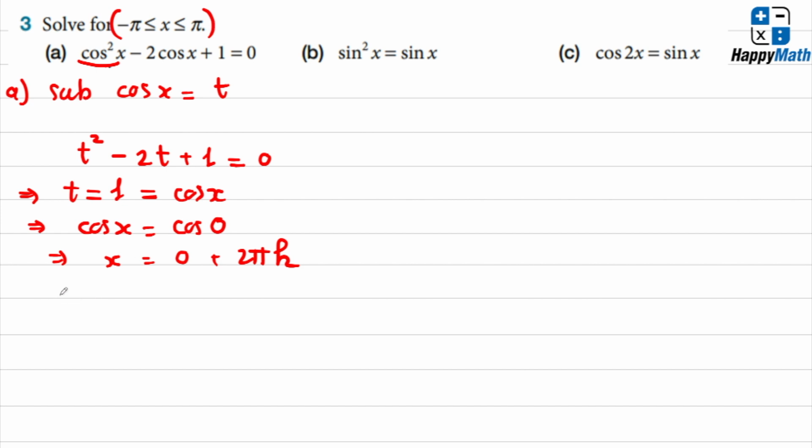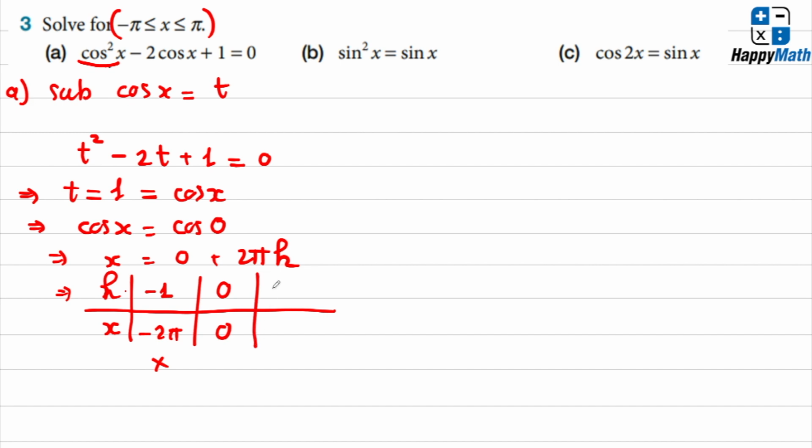So if you have k equal to, I will make my table. k equal to minus 1 is equal to minus 2 pi. This cannot be the right answer. 0, 0. When k equal to 1, you got 2 pi here. This means the only solution for this question is h equal to 0. We finish question A.